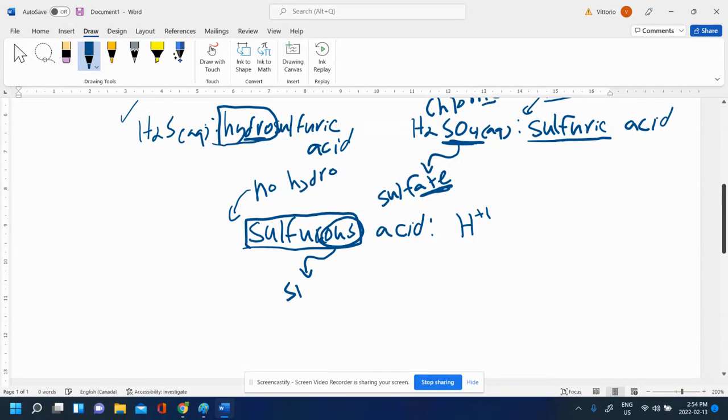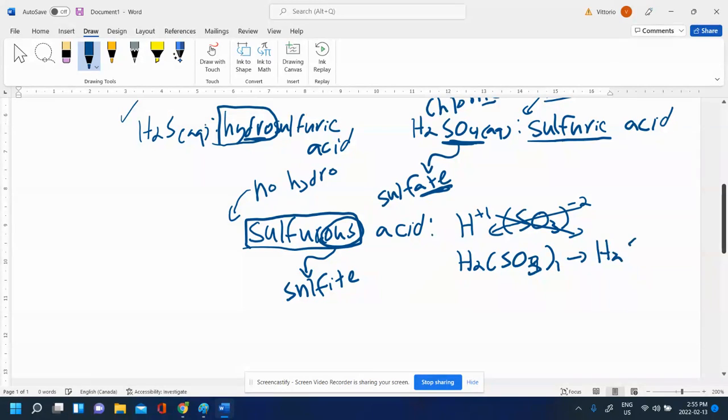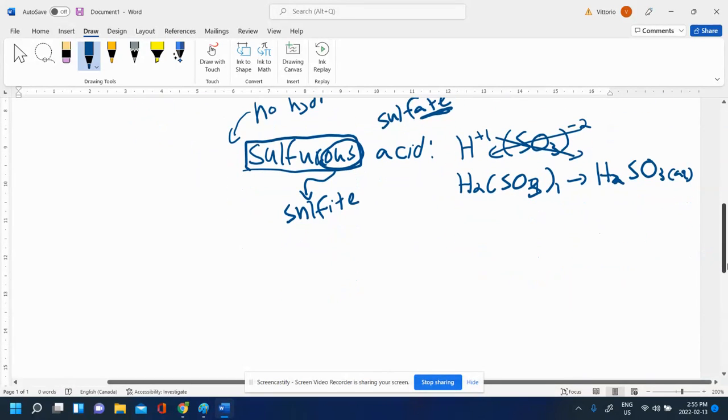Because it's OUS, this means we're dealing with the sulfite, the ITE. It came from the ITE version. Sulfite is simply SO3 with a -2 there. Then you can crisscross, and you get H2SO3 with a 1. You don't need the 1 anymore, so you just write H2SO3, and you can put AQ because it is an acid. So that's sulfurous acid.